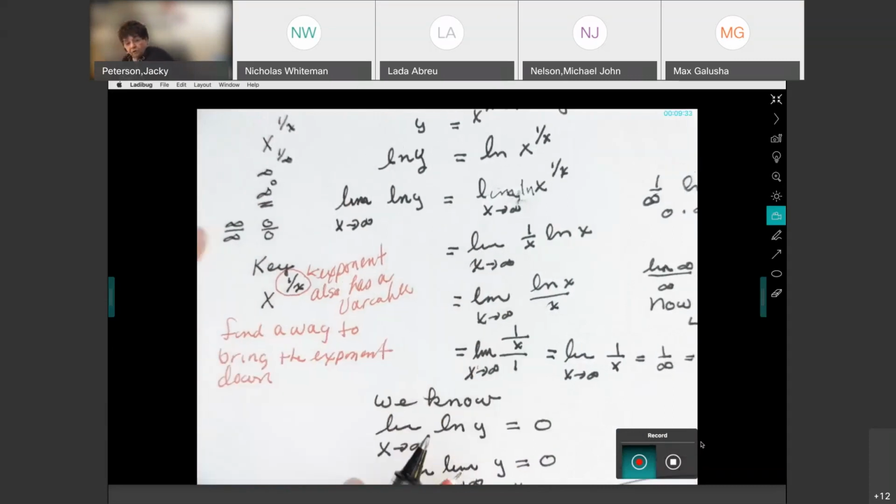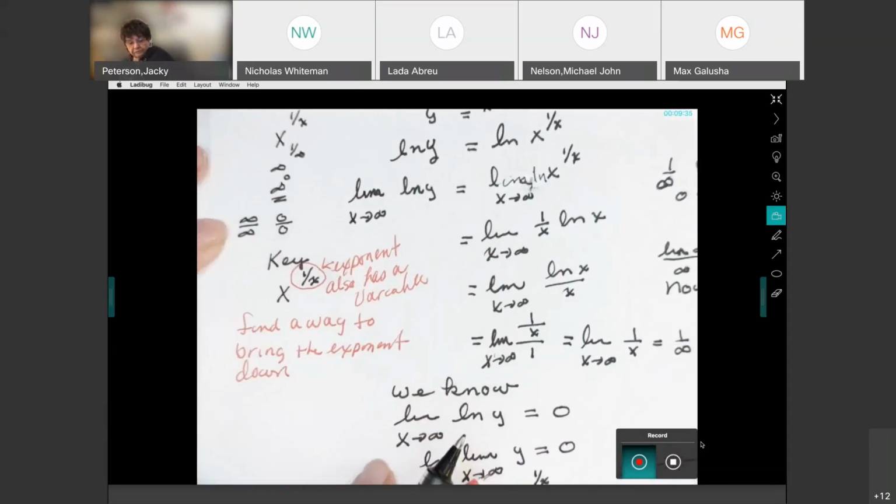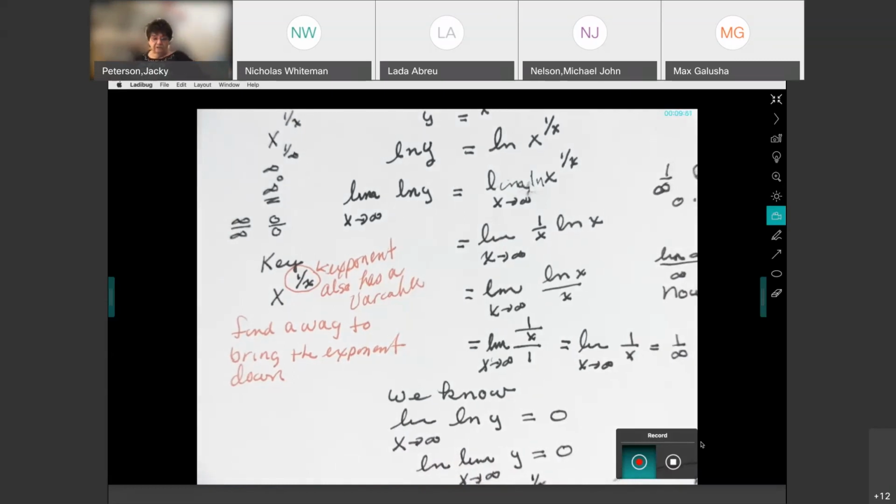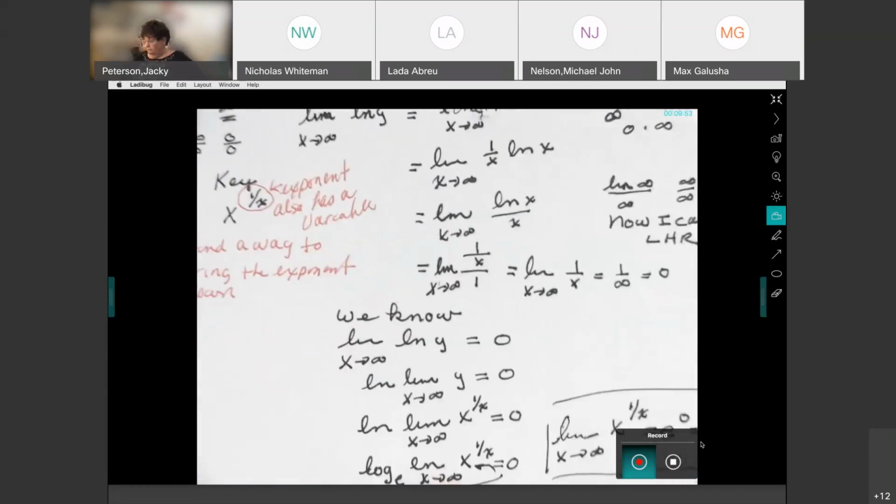That's the only way I'm going to get it into one of these two forms. And how do you bring the exponent down? Logarithm, properties of logs. That's the only property that we know of that allows you to bring the exponent down. So unfortunately, yeah, is this about the only way to do it? Yeah.